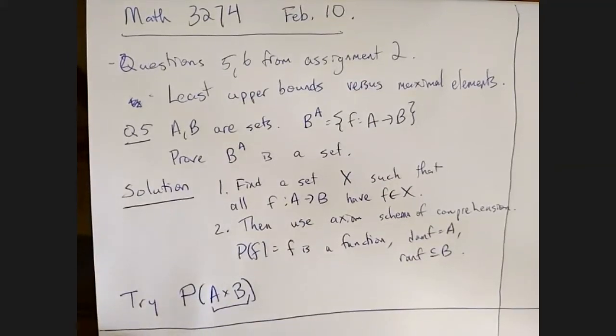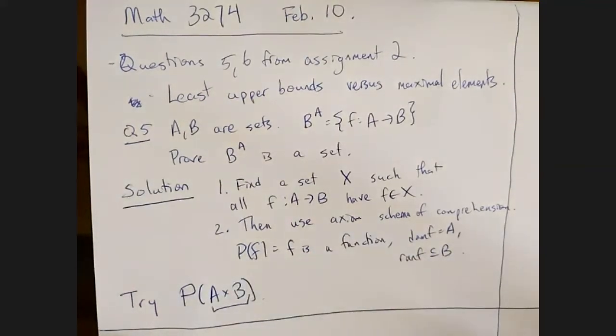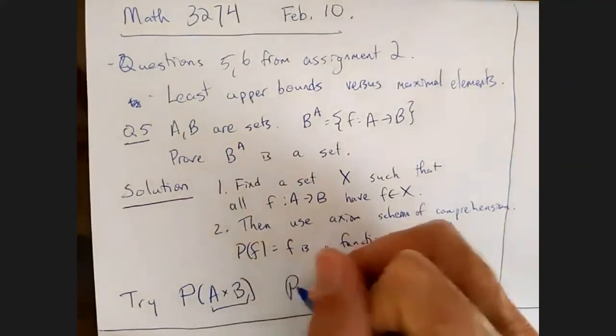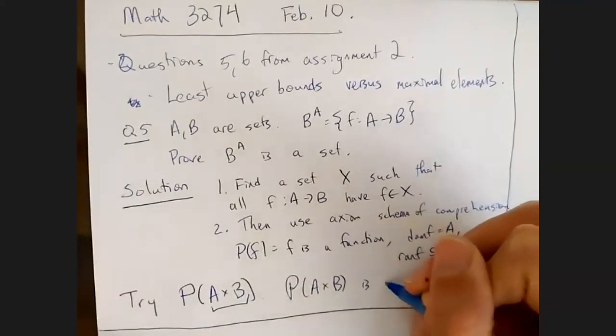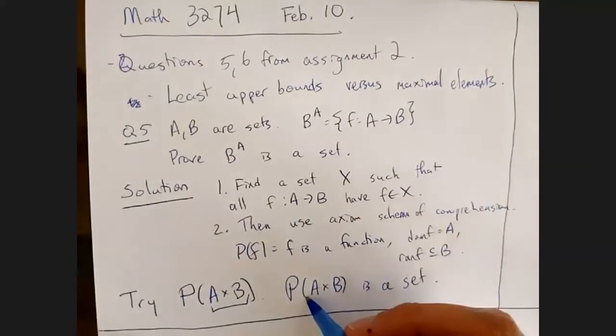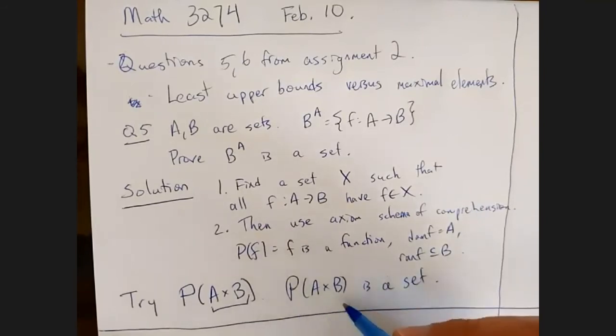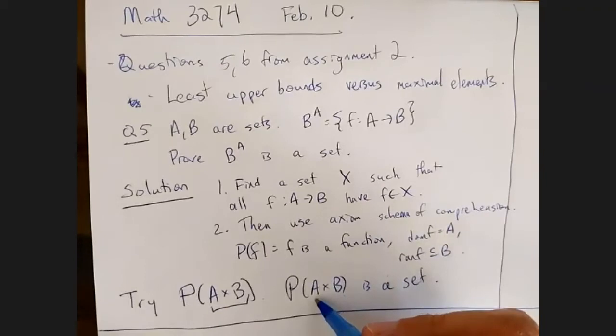So the power set of A cross B is definitely a set. You want to know, is every function from A to B an element of the power set? Well, that's just saying that every function should be a subset of A cross B.